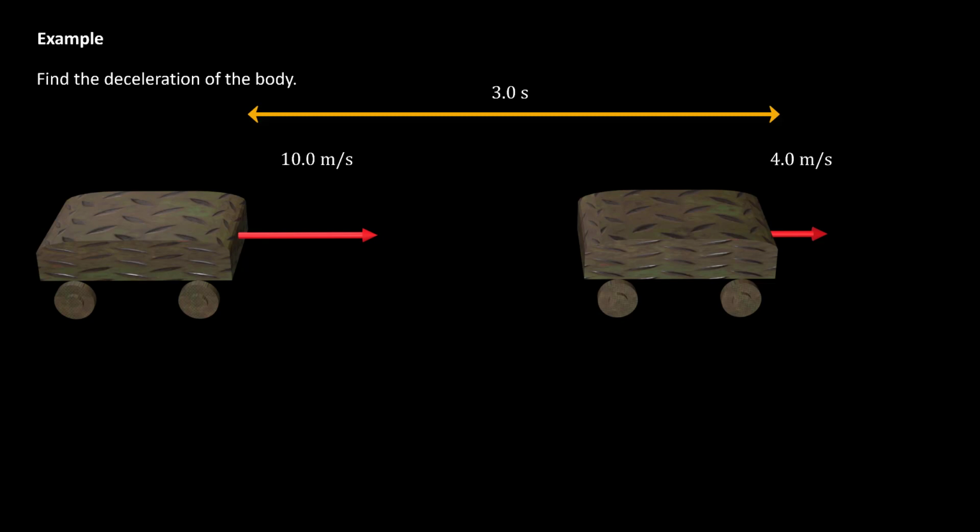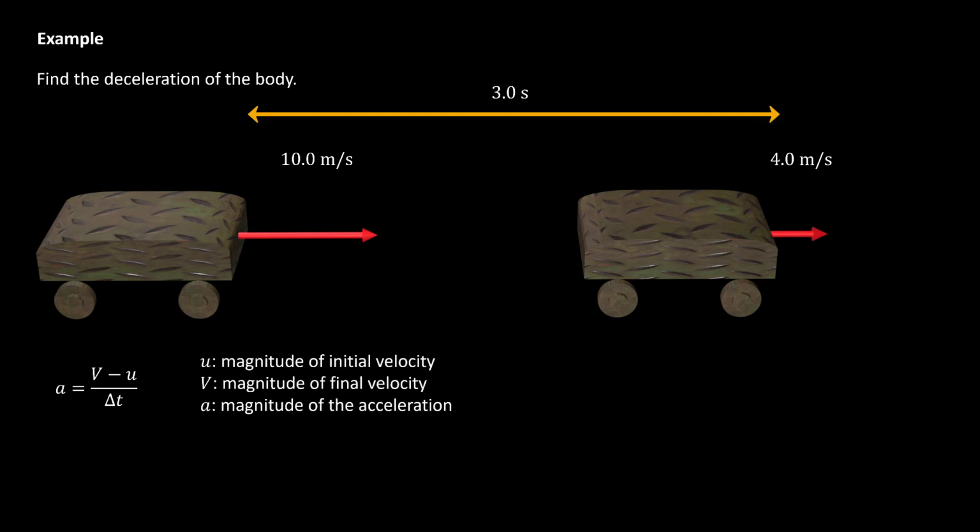Now let me show you how this question is tackled in many textbooks and in many physics teaching lessons. The equation for uniform acceleration is written as follows: a equals v minus u divided by delta t. Then a lot of people interpret u as the magnitude of the initial velocity, v as the magnitude of the final velocity, and a as the magnitude of the acceleration.